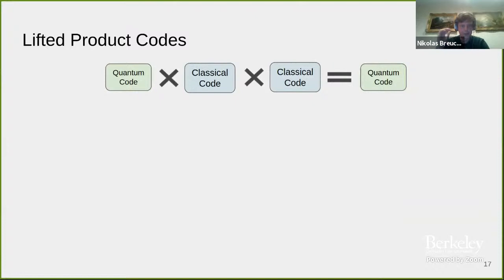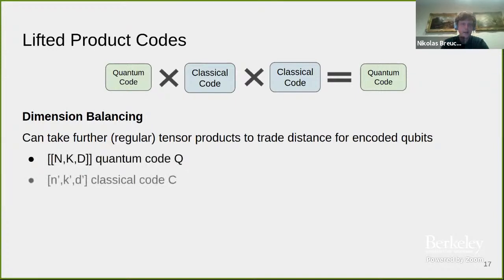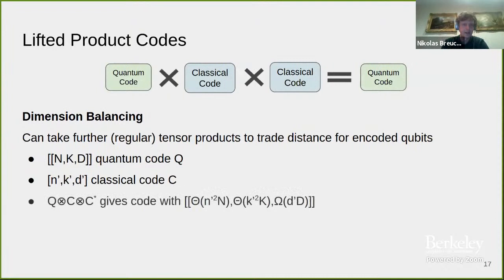So this is the most extreme example. However, they also show that there is another technique which is similar to distance balancing, which they call dimension balancing. The idea is they take further normal tensor products of their quantum code with classical codes whose parameters we can control very easily. By performing this product, we get a new code.